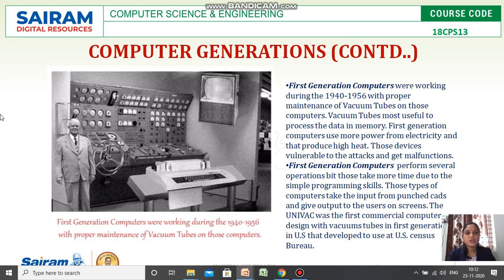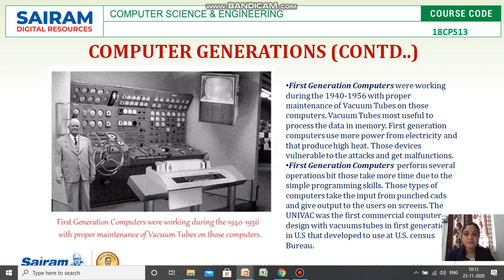Here the first generation computers were developed during 1940 to 56 with proper maintenance of the vacuum tubes. The main thing here is that we made use of vacuum tubes. The inventors made use of vacuum tube technology in order to perform the calculations, to store the data into the memory, and for processing the data in the memory.